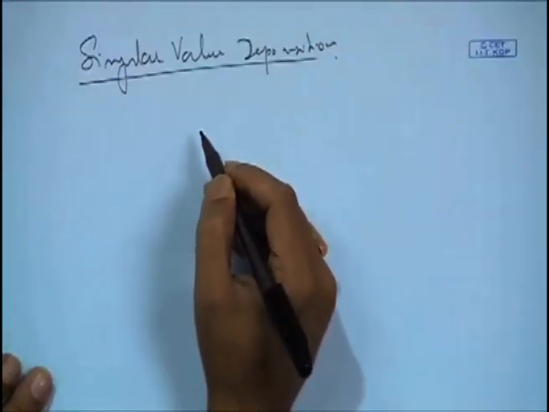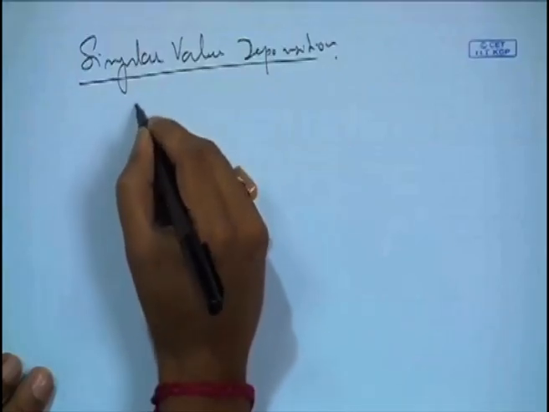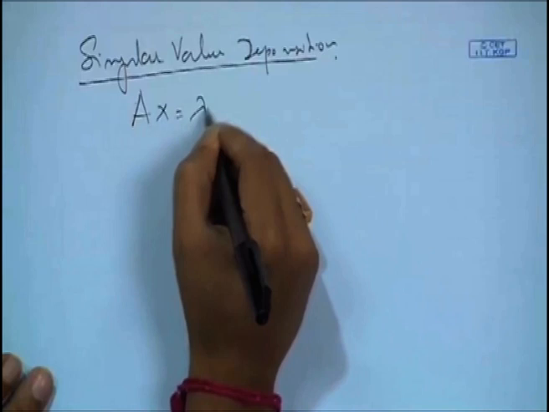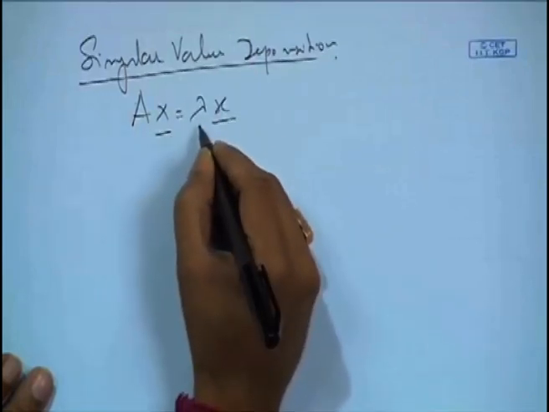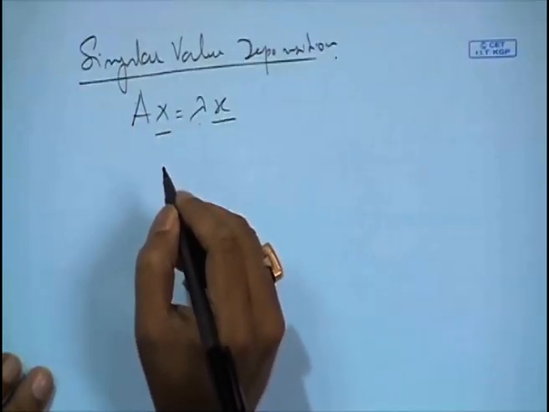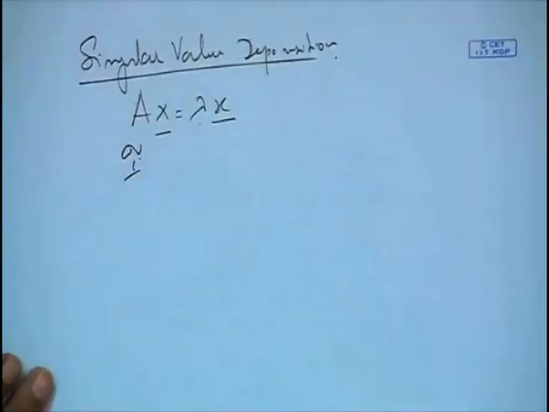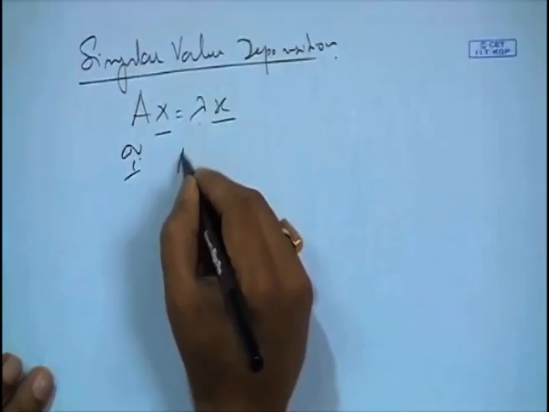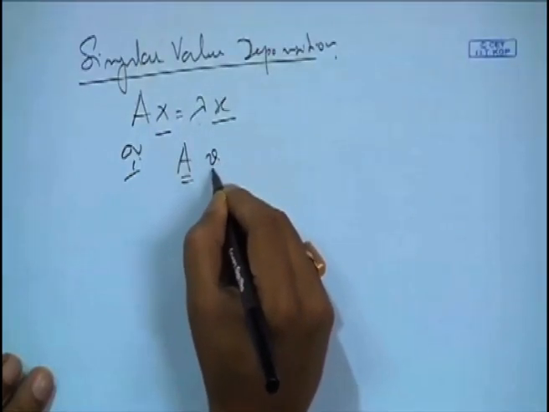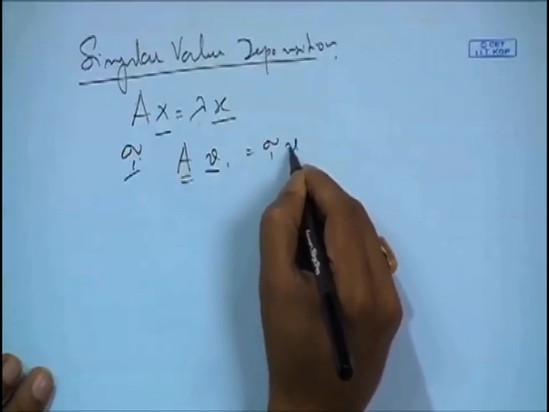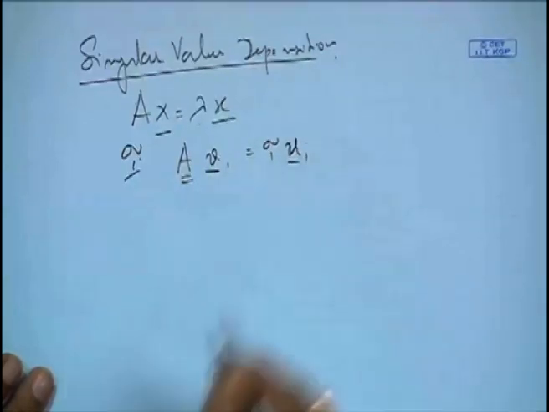Singular value decomposition. So as we have said, you could write Ax is equal to lambda x. That means these are eigenvectors, and this is an eigenvalue of the matrix A. Consider sigma i's as the singular values of A. So if these are singular values of A, you could write matrix A times v1 is equal to the singular value sigma 1 times the vector u1.